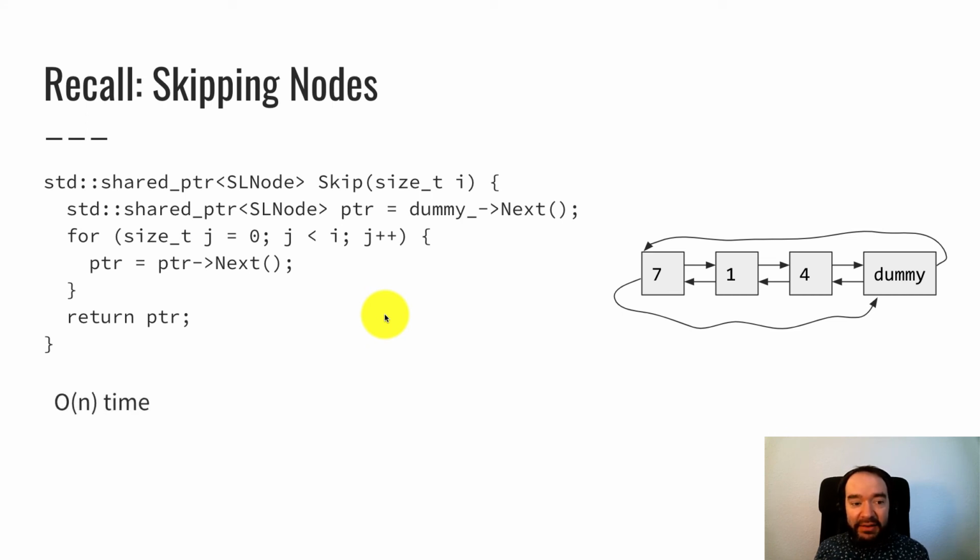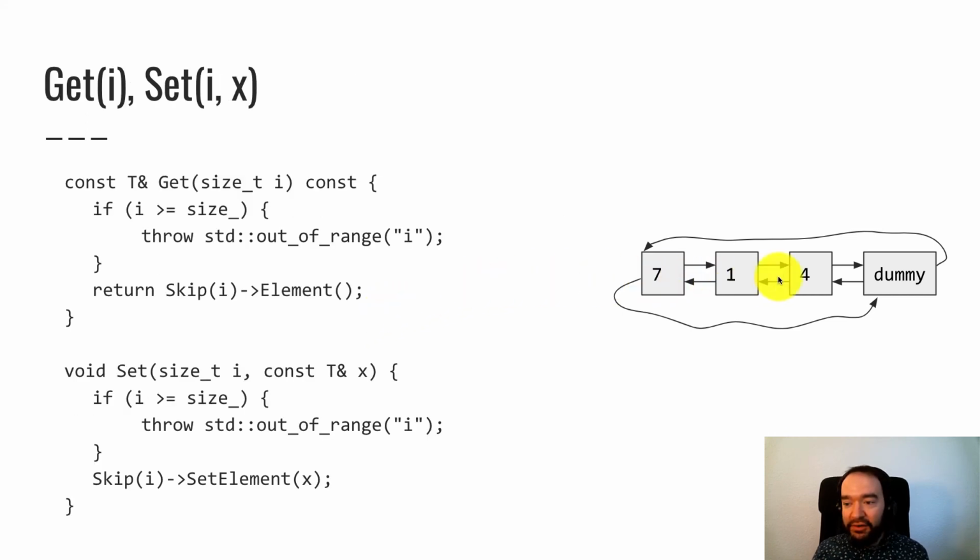It takes linear time because of that for loop that in the worst case goes all the way to the end of the list. So get at index i, this is basically the same code as for singly linked list. We say if i is out of range, we throw an exception. Otherwise, we skip to index i and return the element there. And similarly, set is given an index and a value, and we have an exception check. We skip to the node that contains that index and then set the element in that node.